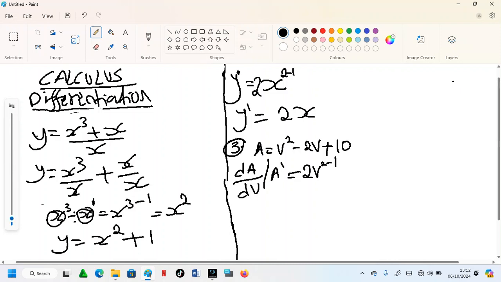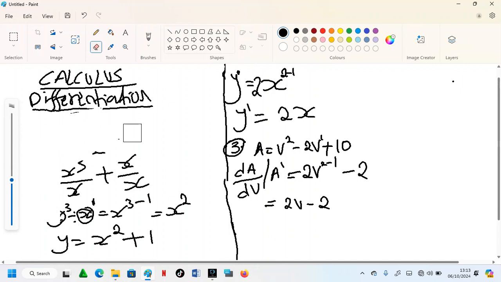And then we are going to have minus, remember the power of v here is 1. So if we just say 1 minus 1, we drop the 1, so we're just going to have 2, and then 1 minus 1 is 0. So therefore v to the power of 0 is going to be 1. And as we said, for the 10, we'll just drop the constant. So the final answer is going to be 2v minus 2.